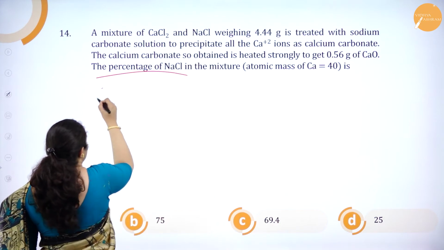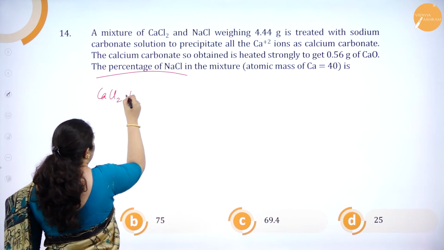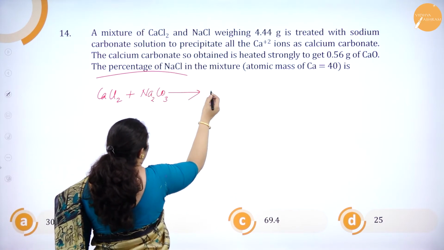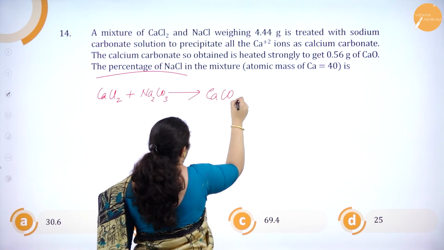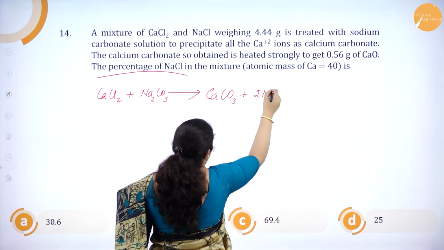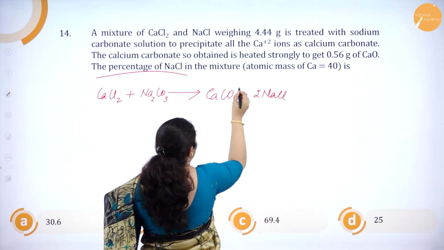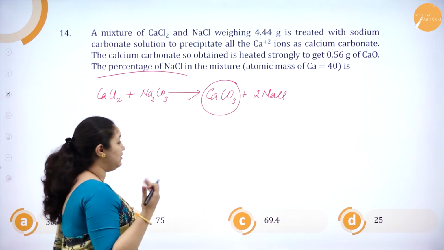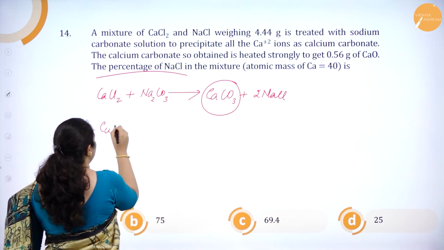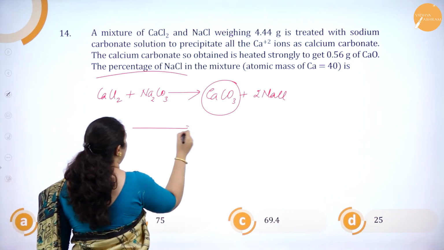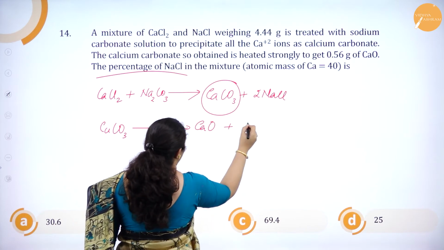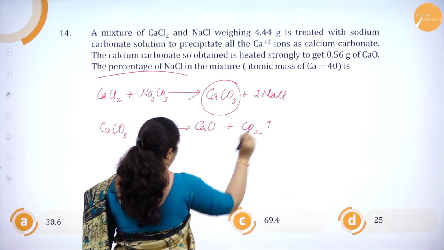So what they are doing is, calcium chloride is first treated with sodium carbonate to precipitate calcium carbonate, and 2 NaCl is formed. So this is completely precipitated. It is taken out, filtered, and then calcium carbonate is heated to form calcium oxide, and carbon dioxide gas is liberated.